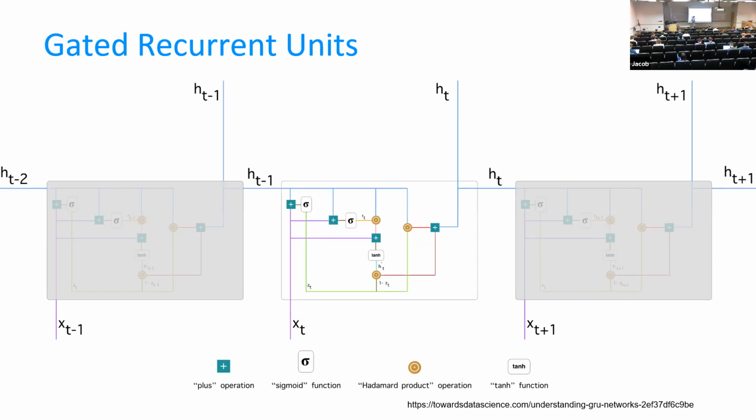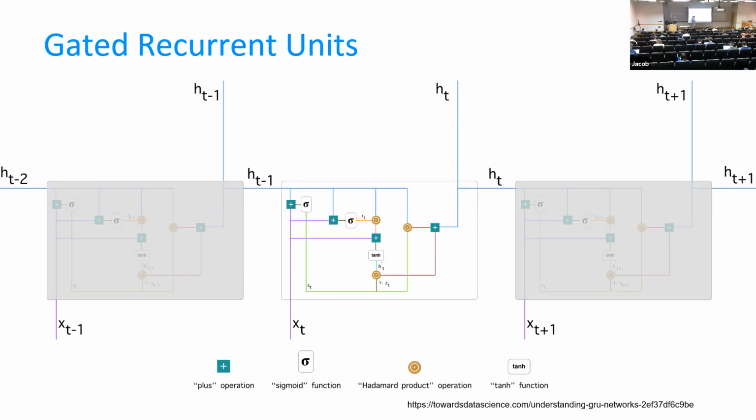Okay, good question. So then where does this second sigmoid come in? I was wondering about this too when I was reviewing for today's lecture. So in the GRU, they actually combine a portion of the previous memory, ht minus 1, with the current hidden state in their remember function.